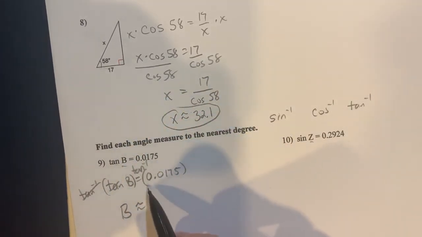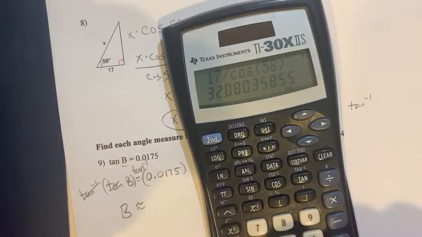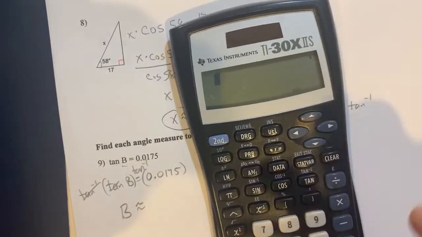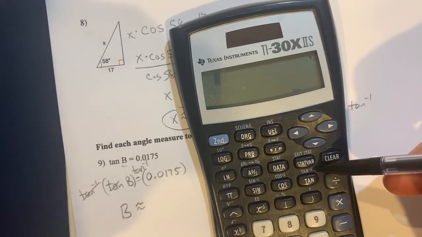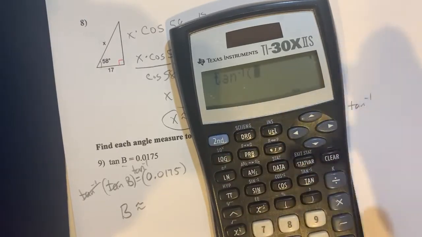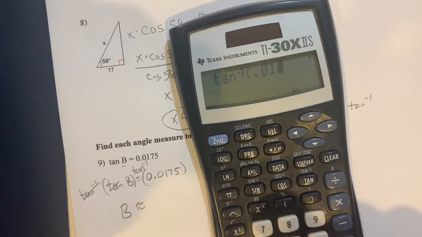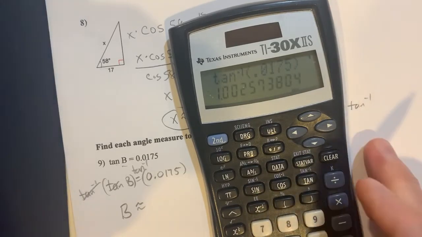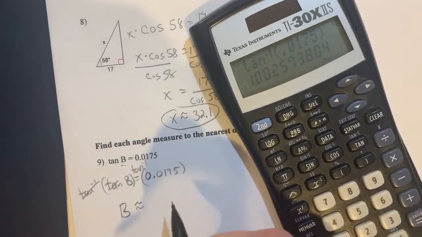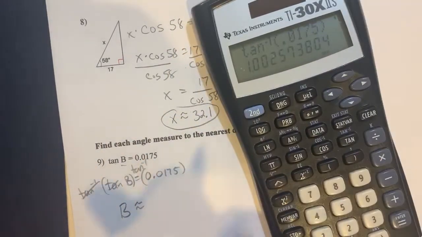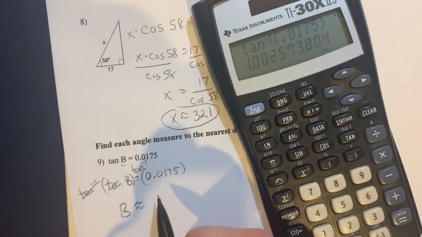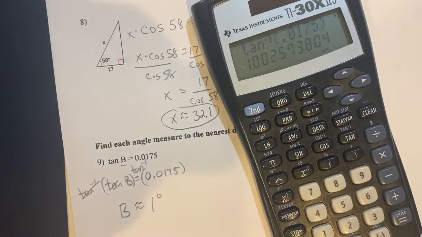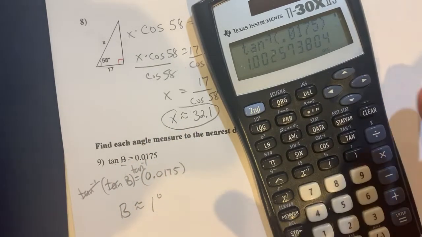So all I have to do now is type in. Tan inverse is second function tan. So second function tan, type in that decimal, 0.0175. Then enter that in, and it's about, to the nearest degree, 1 degree. Okay.